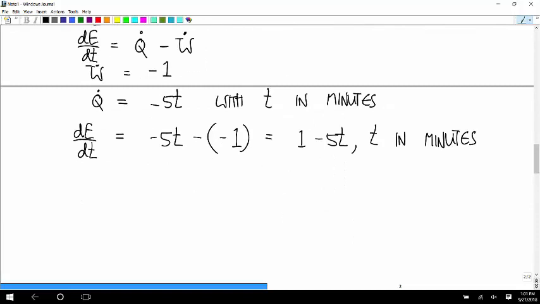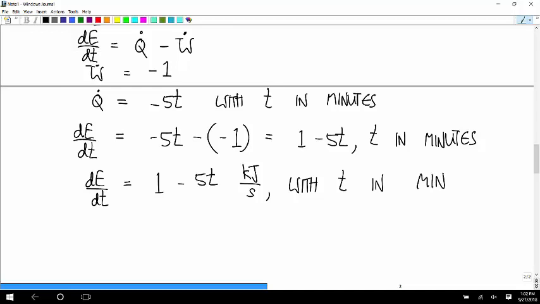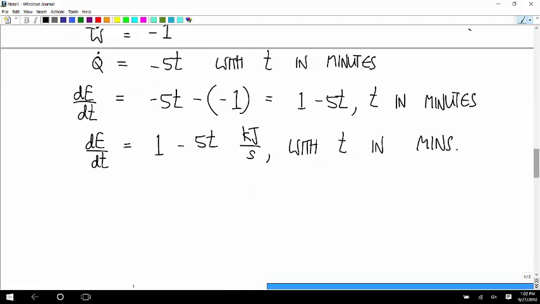So you can think of this as the E dot is equal to 1 minus 5t kilojoules per second, with time in minutes. Oh, you're right.